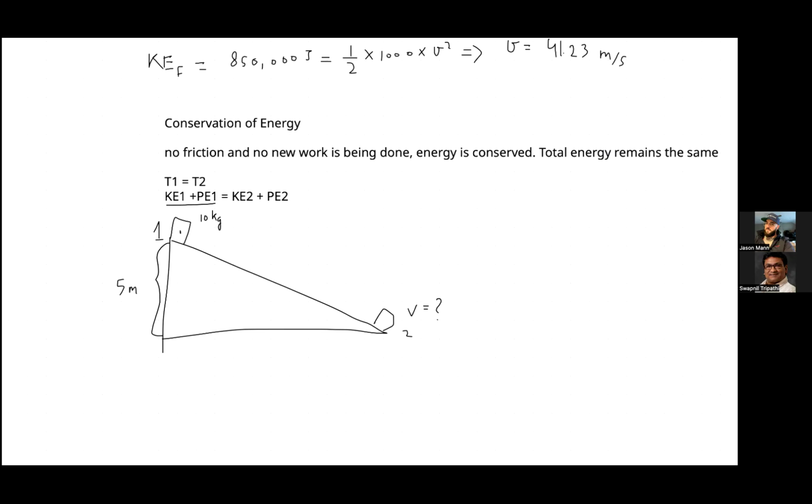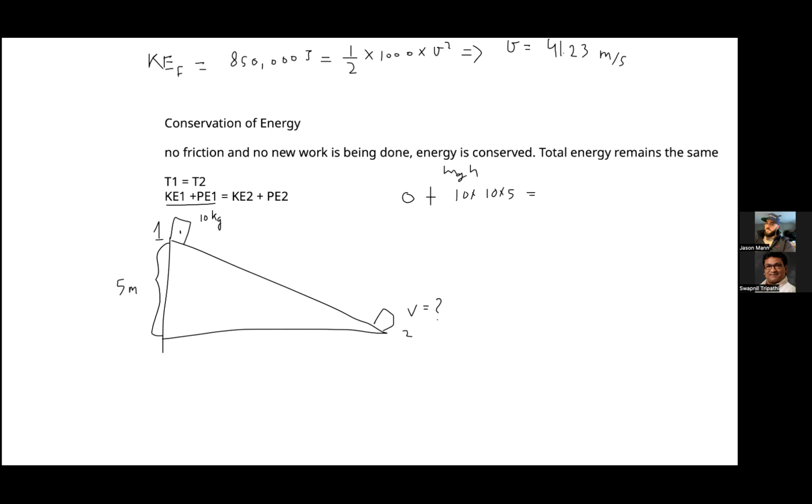It is at a height. So it will have gravitational potential energy, which is mgh. Okay, mgh. So the mass is 10. G, we are just taking 10. And the height is 5. So that's for point 1.